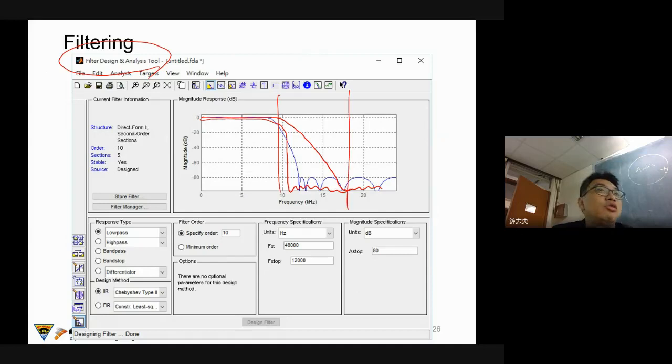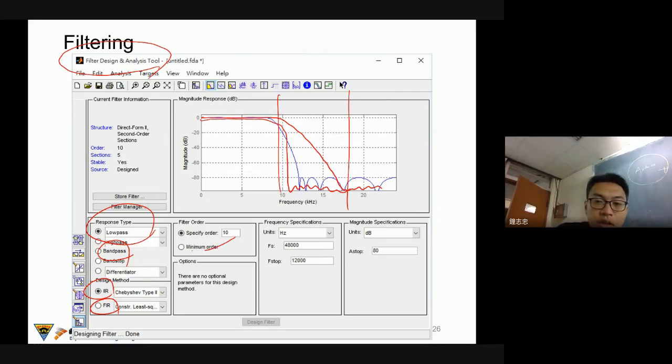It has a wider transition frequency range, but sometimes this is much more stable and easy to do. Okay, so it depends on your decision. You can choose the low pass, high pass, band stop. Okay, you can choose the IIR, FIR by yourself, but of course there are different types of IIR and FIR.